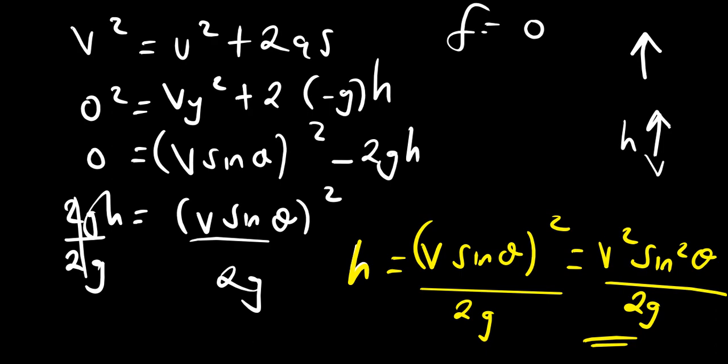Now with these equations that we have, there are 3 kinds of projectiles that you are supposed to understand. The one that we've just talked about, where it's projected on the ground and it goes like that, is the first that you can have.